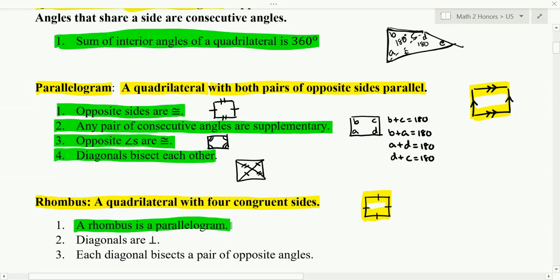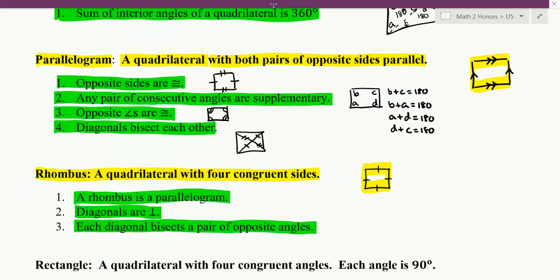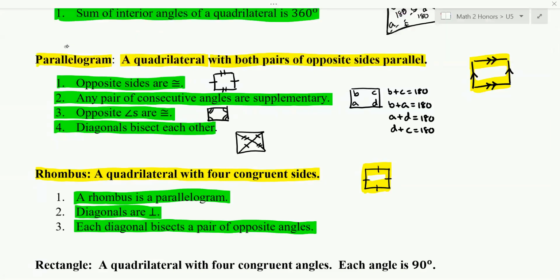We can also prove a few other properties, that the diagonals are perpendicular, and that each diagonal bisects a pair of opposite angles. So, parallelogram, diagonals perpendicular, so you just draw the two diagonals, put a perpendicular sign there.